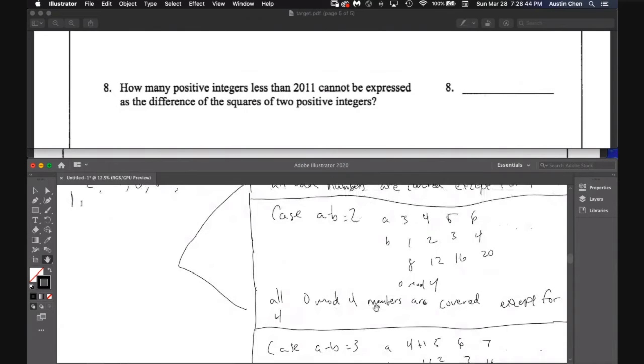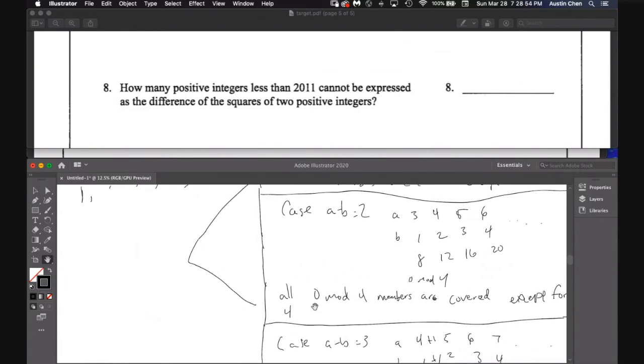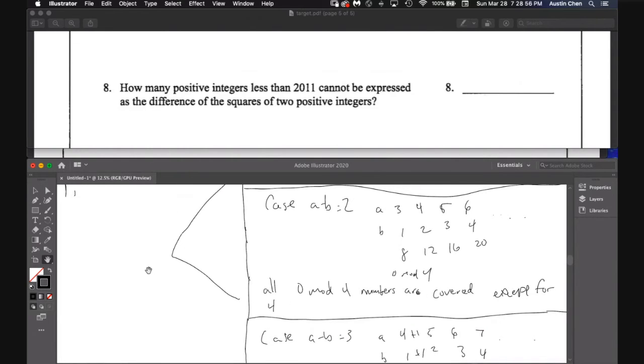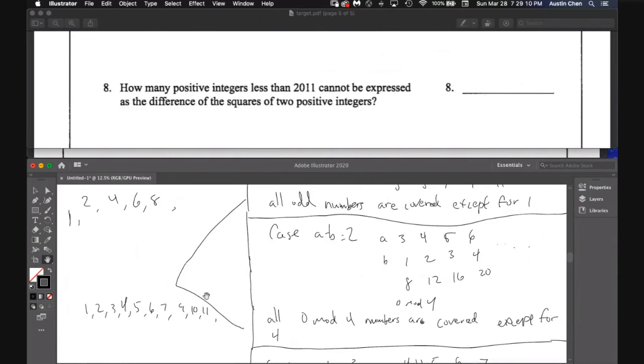Now, the other set is all numbers divisible by 4 except for 4. So the complement of this set is going to be all numbers that are not divisible by 4: 1, 2, 3, 5, 6, 7, 9, 10, 11, and so on. But this does not have 4, so the complement of it is going to have 4.